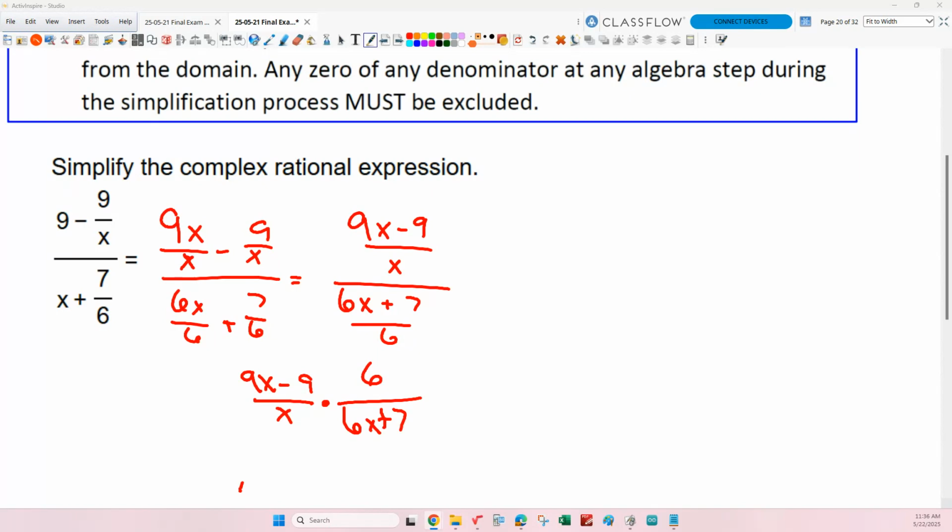Are we going to get any cancellations there? Nope. So in this case, we could just write those different factors. x and then 6x plus 7. And then there's one thing I have to do.